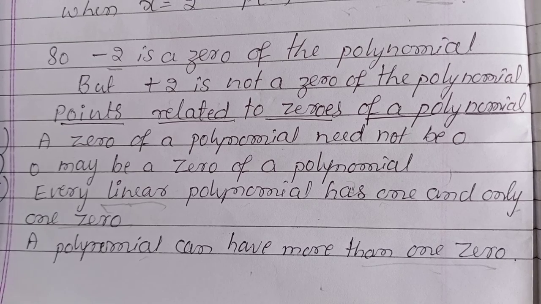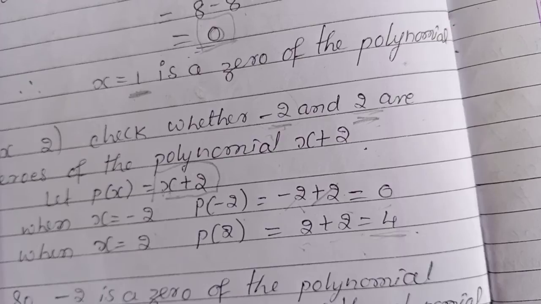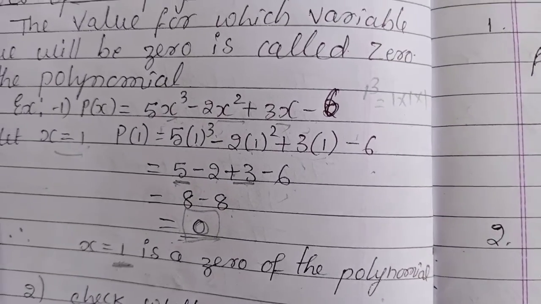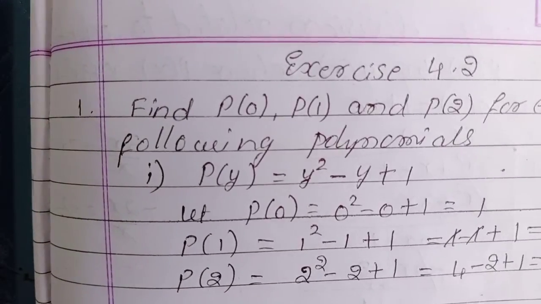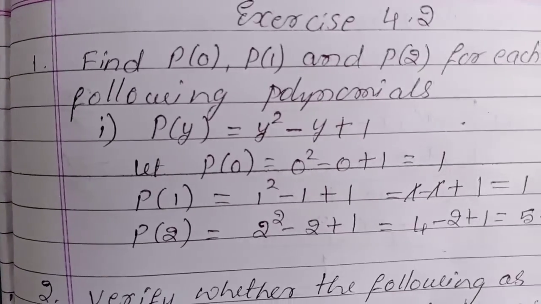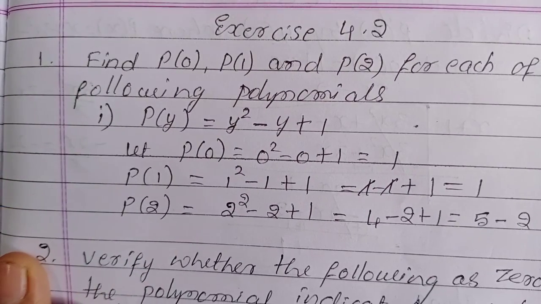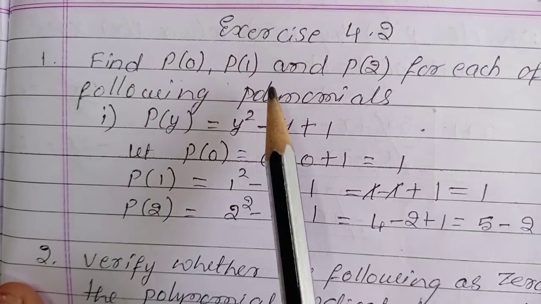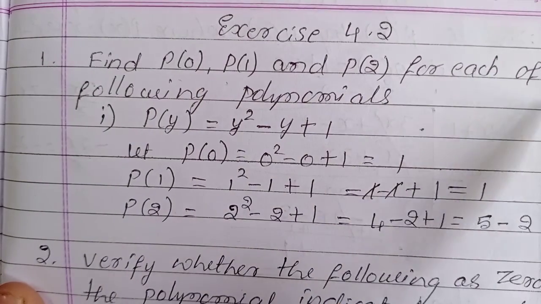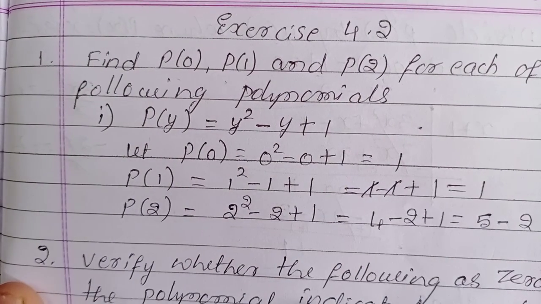So, these are the characteristics of zeros of a polynomial. Now, let us move to the exercise related to the same topic, children. What are those problems? Let us discuss. The first problem is here. They will give it in this way: find P of 0, P of 1 and P of 2 for each of the following polynomials.